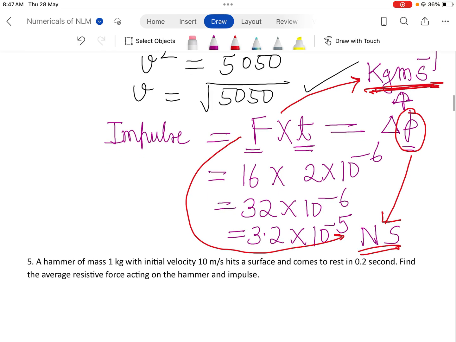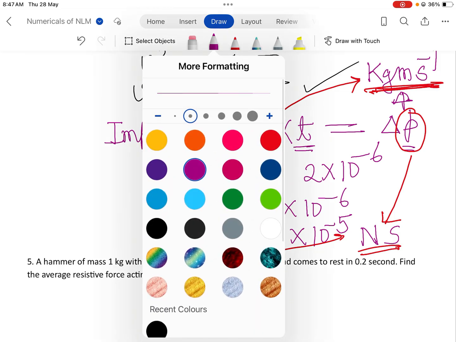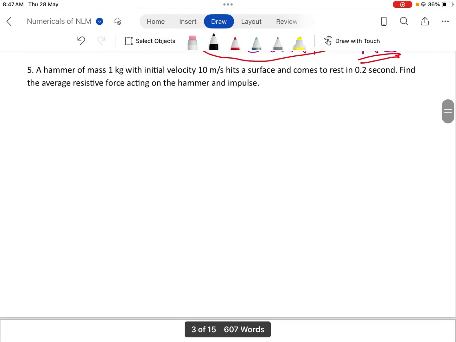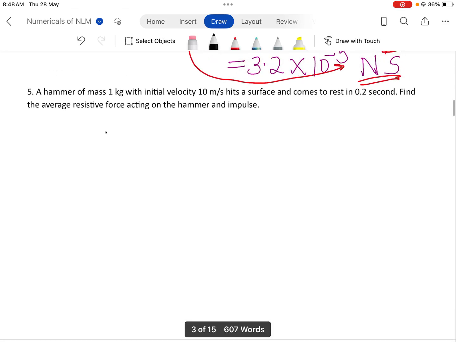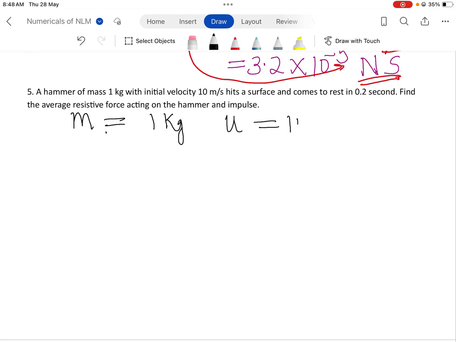Now see the next question. So a hammer of mass 1 kg, mass is given 1 kg, with initial velocity u 10 meter per second, hits a surface and comes to rest in 0.2 second.